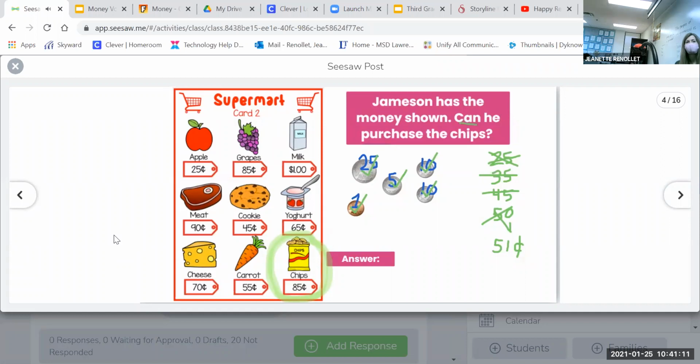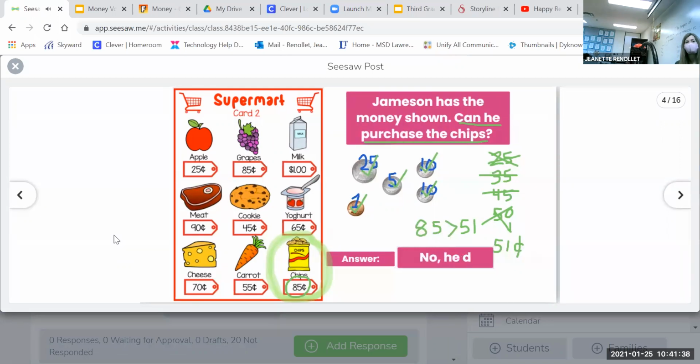So my question, can he purchase the chips? Well, I notice that the chips cost 85 cents. 85 is greater than 51. So no, Jameson does not have enough money to make this purchase. Next, I can type my answer in a complete sentence.